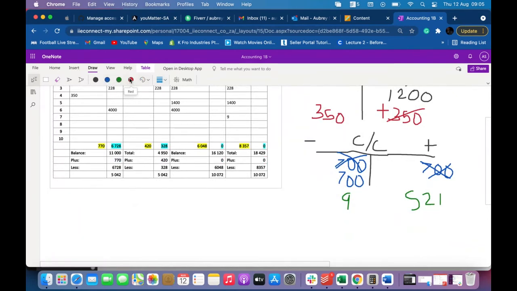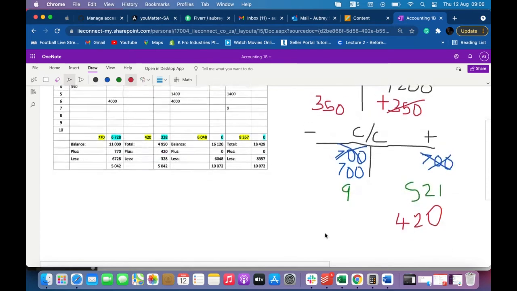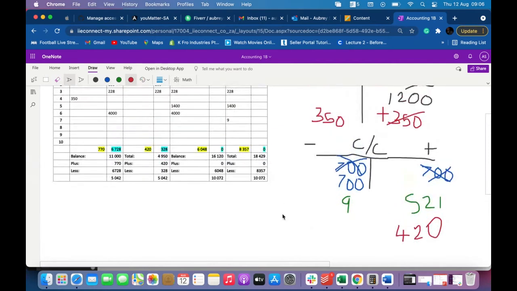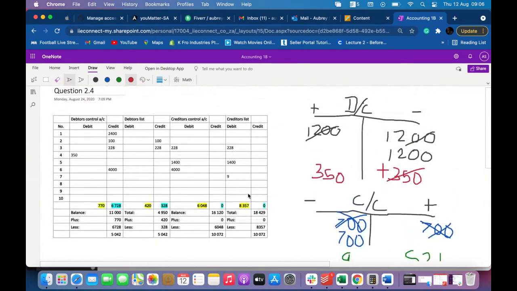Let me use red this time. We recorded it as 420 on the credit side because we treated it like we bought. Then they said it was posted as such, so the creditors list was also credited by 420.